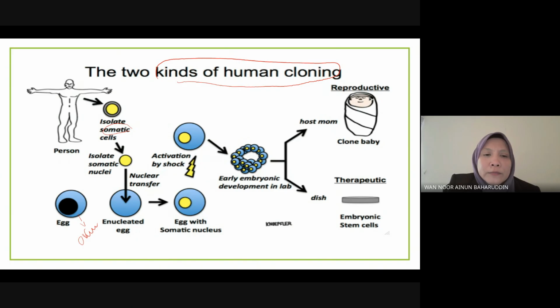So the isolated somatic cells, this nucleus will be removed and replaced with the isolated somatic cell nucleus, and then the egg with the somatic nucleus will be activated by a shock, and you can see early embryo development in the lab, and then it will be inserted into the host mother and we get the cloned body.